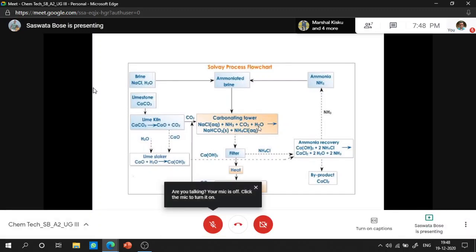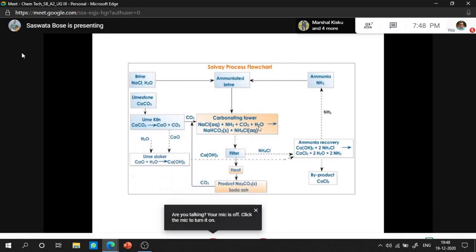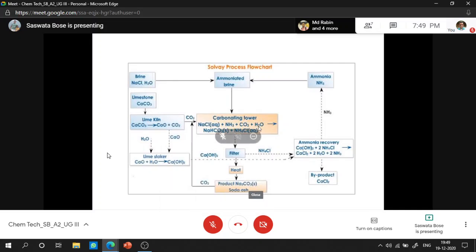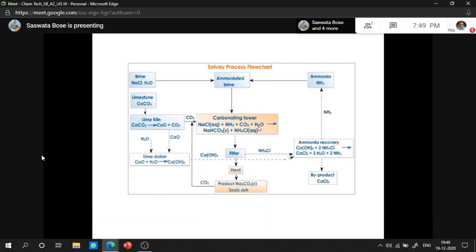Okay, as it is coming out of the carbonation tower from the top, যে carbon dioxide আমি বলেছিলাম, that is being again utilized in the first step.